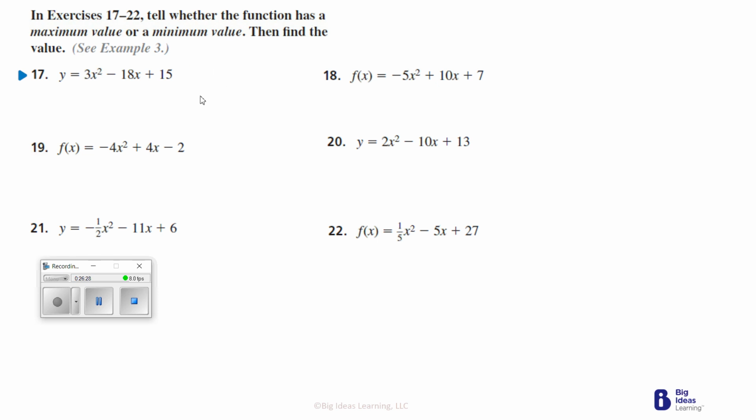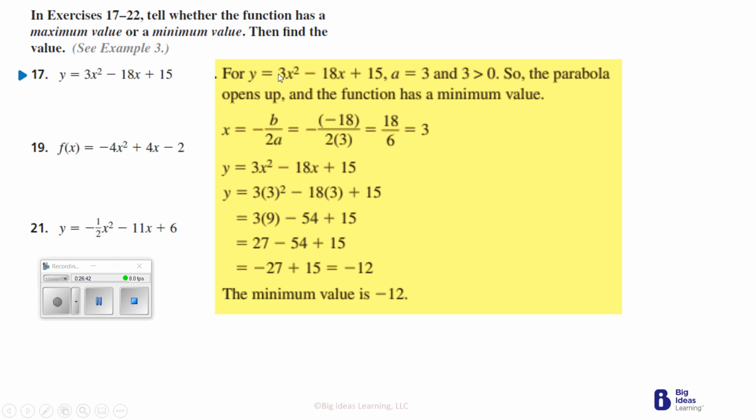And that means it's going to be something or bigger, right? So it's going to have a minimum value. I'll then find the value, okay? Remember the parabola opens up, so it will have a minimum value.